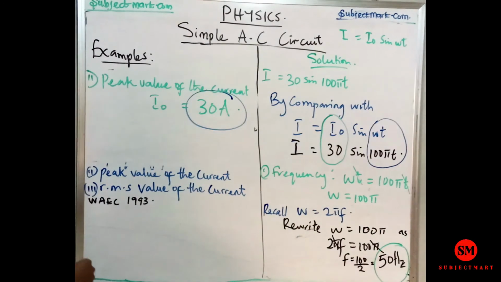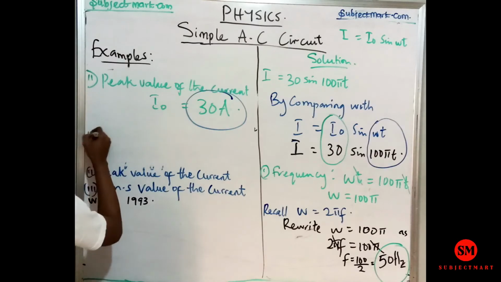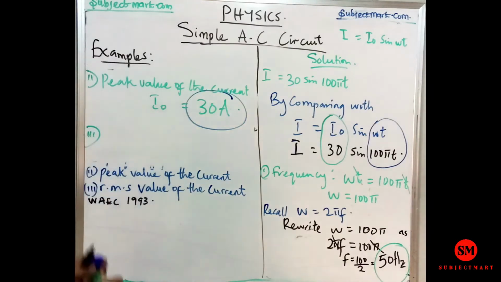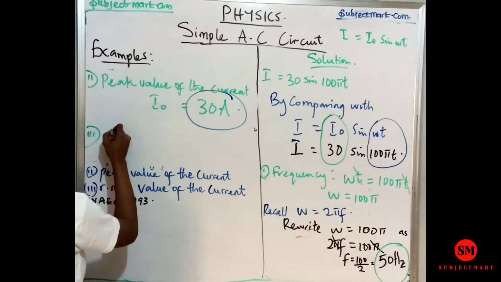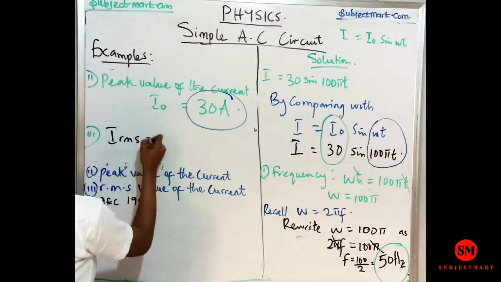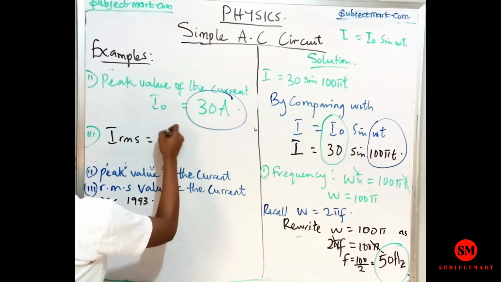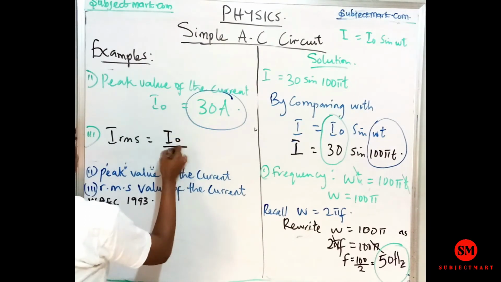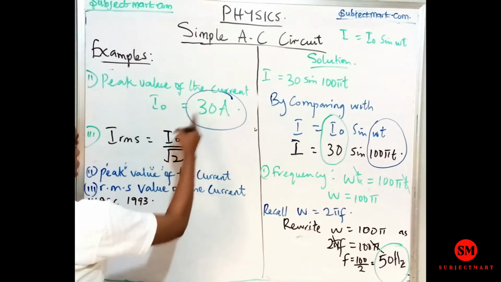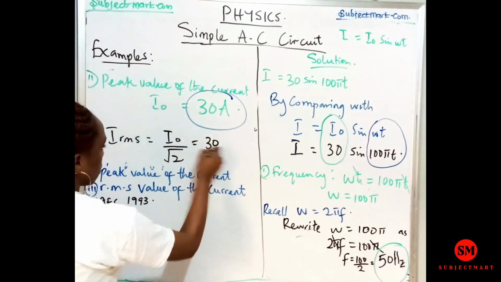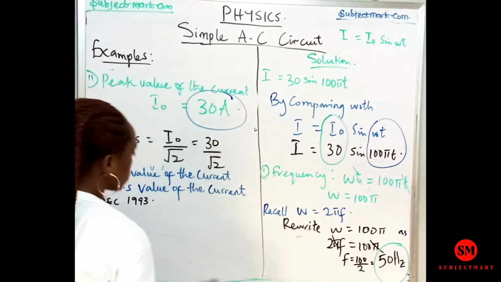Then the last one says the RMS value of the current. So remember our formula. I RMS is equal to I naught over root 2. Our I naught here is 30 over root 2.